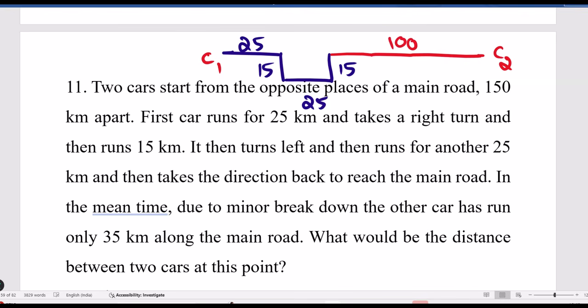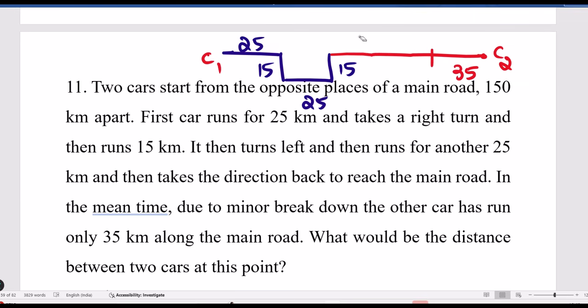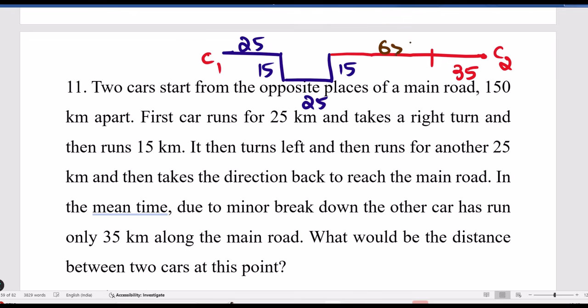Okay, but meanwhile, what they said, reach back. Due to minor breakdown, the other car runs only 35 kilometers. It's run only 35. Second car, then the distance between these two is nothing but 65. The distance between these two is now 65. You see 35, 65, 100, 125, 25, 150 kilometers.